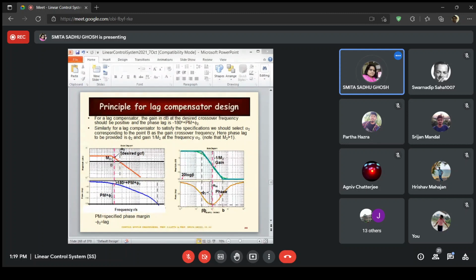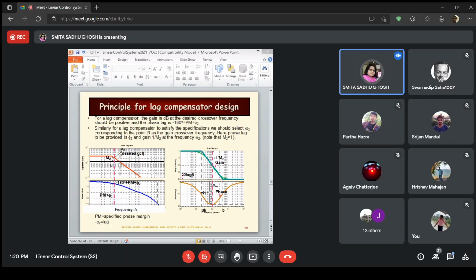So I have to choose the desired gain crossover frequency lower than the uncompensated system gain crossover frequency. For example, if I choose omega 2 as my desired gain crossover frequency, the magnitude over there is equal to plus m2. From this lag compensator, I would be wanting a minus m2.